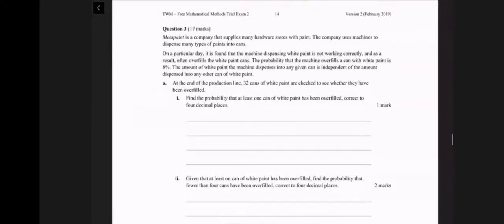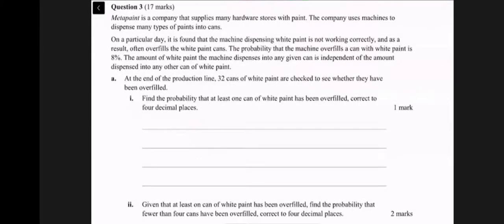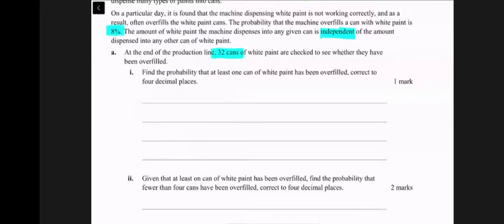So question 3 is a probability question. So now we're dealing with cans of paint. The probability that something is overfilled is 8%, and it's independent of other cans. And then we have 32 cans of white paint. So the probability of overfilling a can is 0.08.